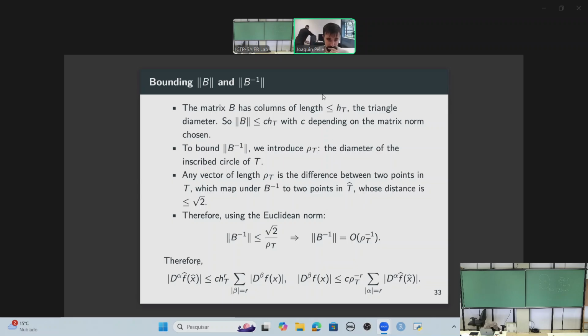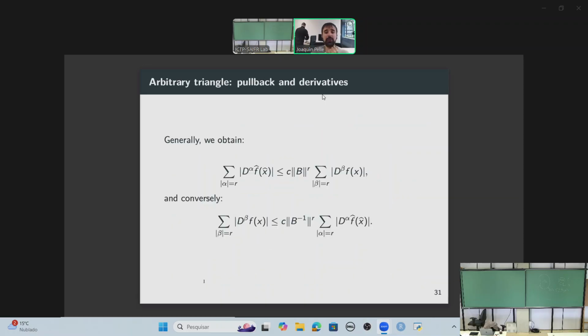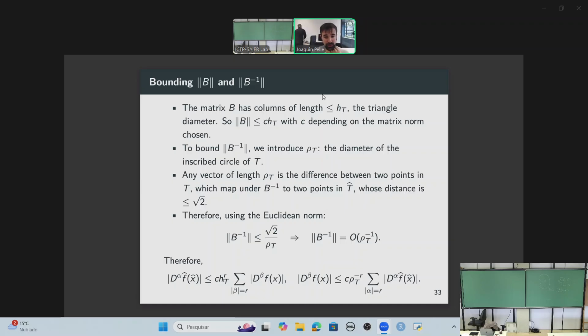And yeah, taking our bounds for the derivatives that we did before, now it is just putting the values here, the bounds for the norm of b. We can write these expressions here. We can bound the derivatives of the function in the reference triangle by a certain constant times the diameter of the triangle to the r, and multiply by the sum of the derivatives here of the order r, and the same for the other way around.